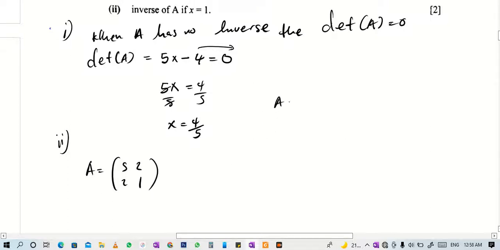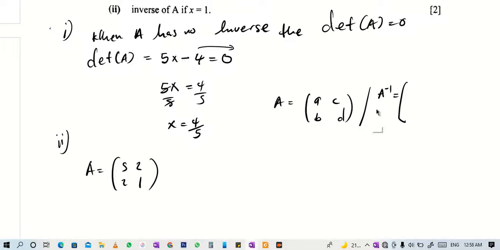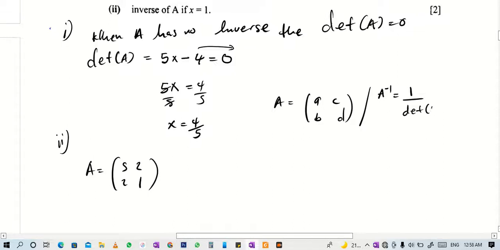Going back to our example here, suppose that we have A equal to A, B, C, D. We are saying to find the A inverse, which is denoted as A to the power negative 1. This would be equal to 1 over the determinant of A, multiplied by, where there is A, we put D, and then we multiply by negative C on the minor diagonal.